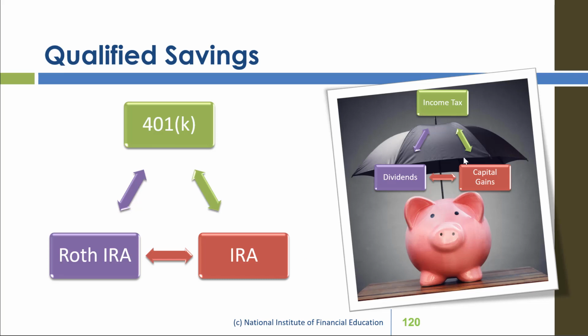So that income tax, capital gain, and dividend that is coming into those investments can be sheltered and tax deferred by using these vehicles. And we strongly recommend you max out your 401k at your company, and to the extent you have or don't have that, look at IRAs and Roth IRAs, again, as a vehicle for saving, using that discipline in that third bucket to build wealth over time.